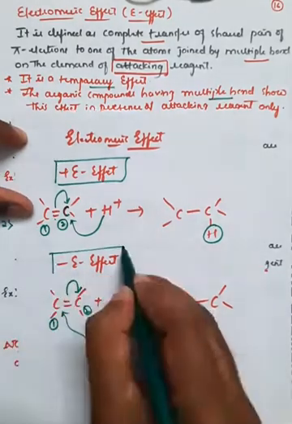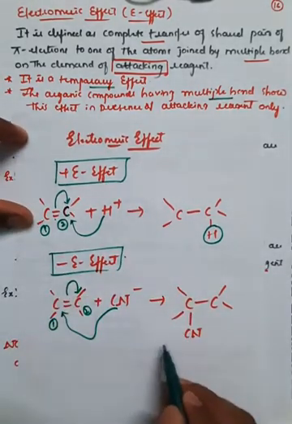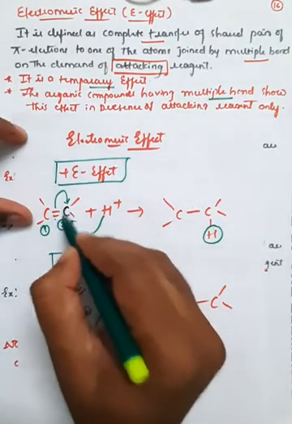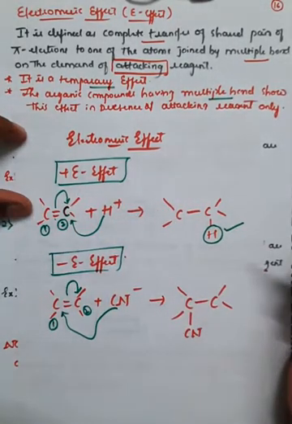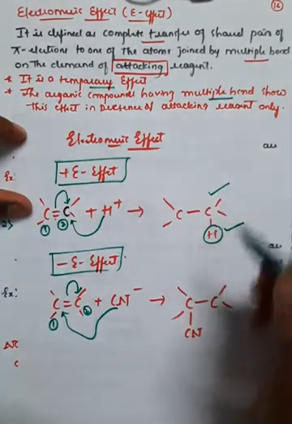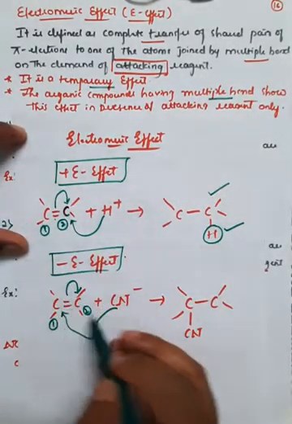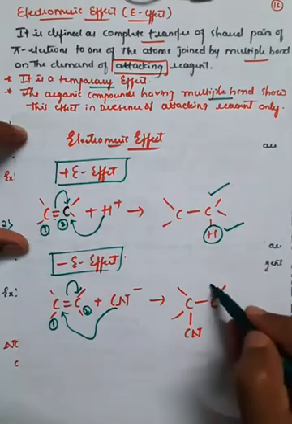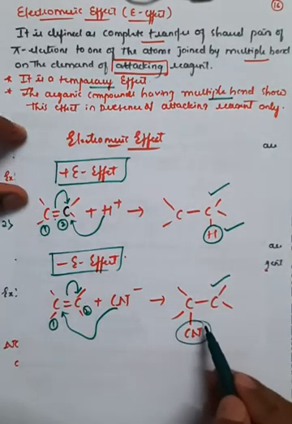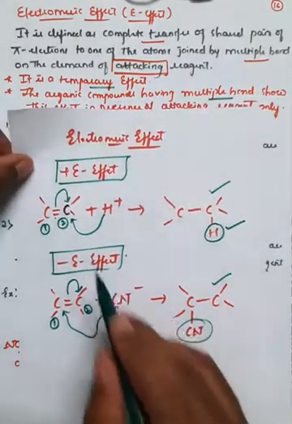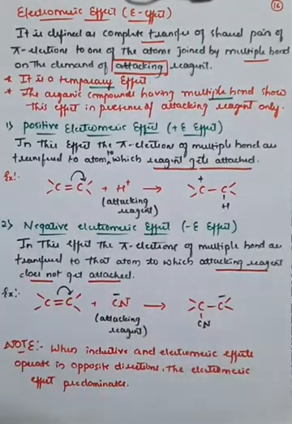Therefore, in case of plus E effect, the attachment is for the same carbon atom and shifting is also for the same carbon atom. But in minus E effect, the shifting is for the second carbon atom, but the attachment of the attacking reagent is on the first carbon atom. So this is called the minus E effect, right?